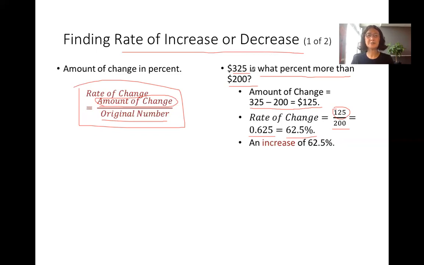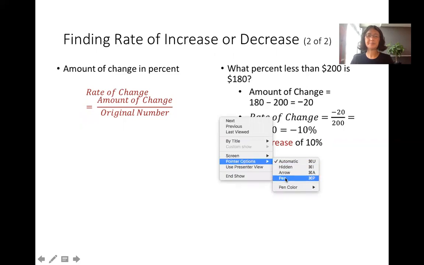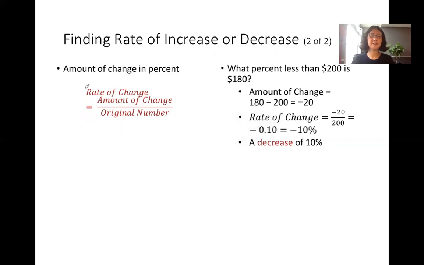Similarly, you can do the decrease problem. It is the same principle. So this example is the decrease problem. You see, the same formula. The question is, what percent less than 200 is 180? So first, you figure out the amount of change: 180 minus 200 equals negative 20.